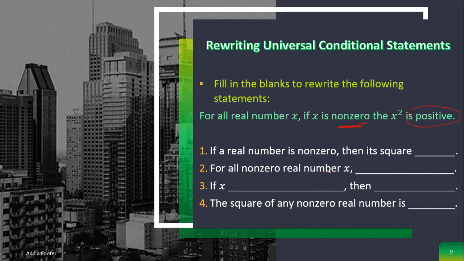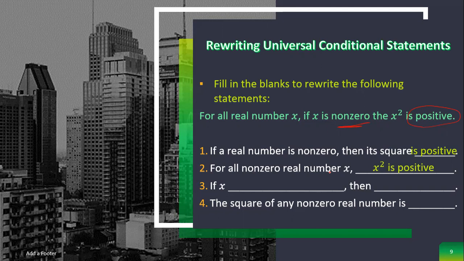If a real number is non-zero, then its square, your answer should be, is positive. Next, for all non-zero real numbers x, x squared is positive.